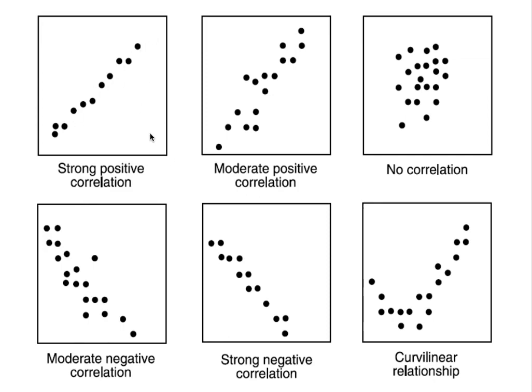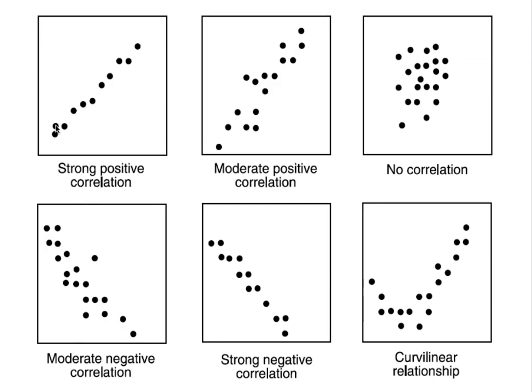So as both of them go up on their scales, up is more towards the right for the x-axis, and up is up for the y-axis. As one goes up, the other one also goes up. It's positive. While for negative, as one goes up, the other goes down. It's going in a downward motion. These two are both positive because they're both going in an upward motion.